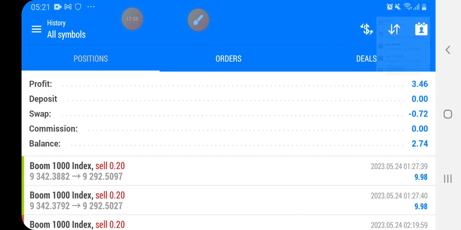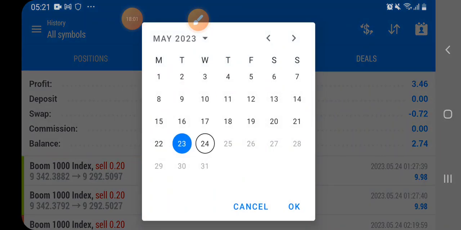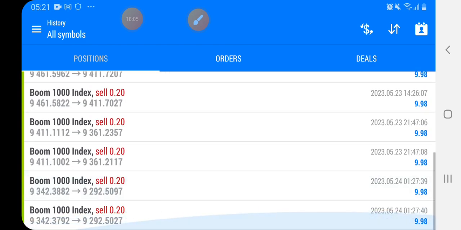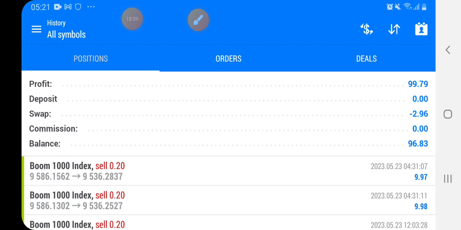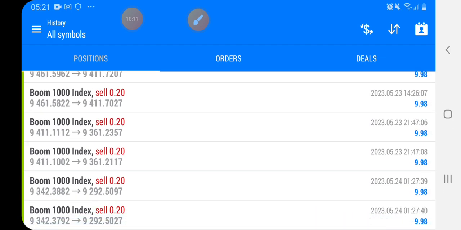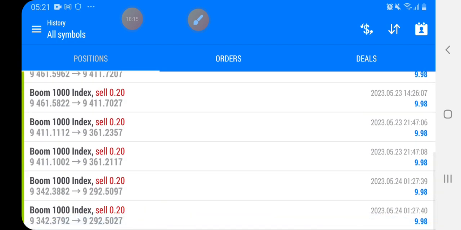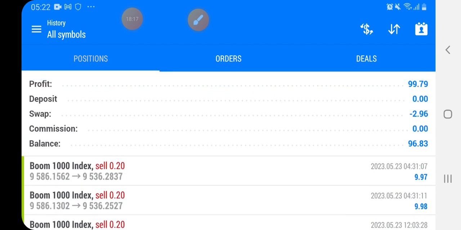So let's check. Yesterday is the 23rd. The robot made the highest money yesterday with no loss. Yesterday the market was so good, so the robot made about $99. Remember, I loaded this robot on a $100 account, right? So made $99, like 100% of the account, right?